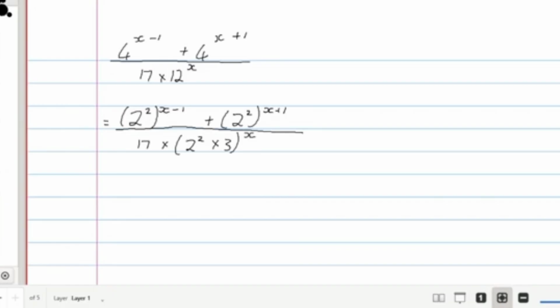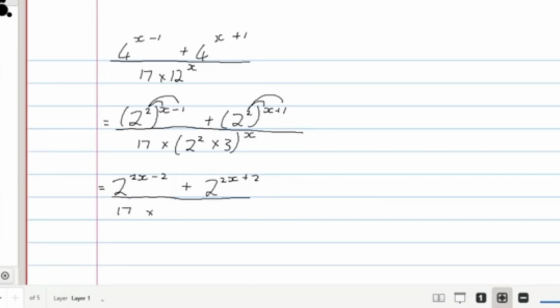So now let's try to open the brackets, as from the previous question video. So 2 times x and 2 times -1 plus 2 times x is 2x, and 2 times +1 is 2. And then you divide by 17.